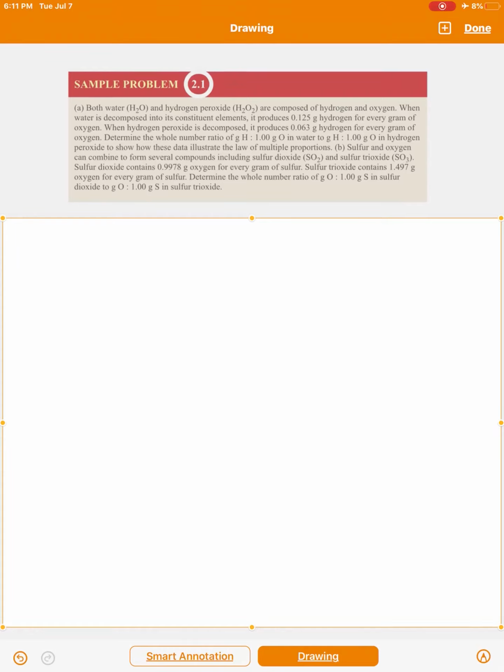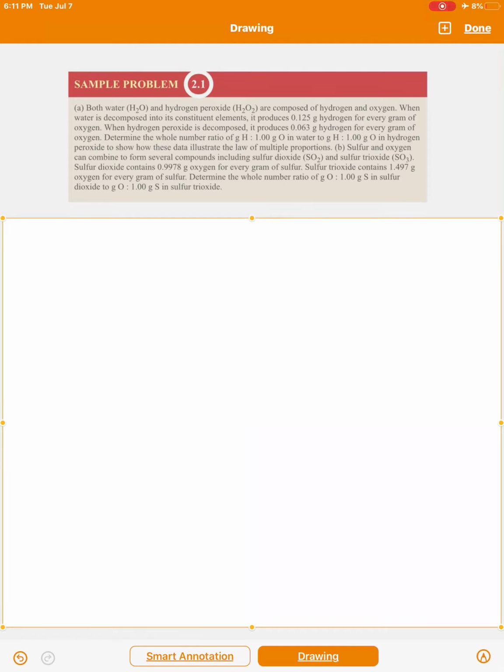Sample problem 2.1. In part A, both water and hydrogen peroxide are composed of hydrogen and oxygen. When water is decomposed into its constituent elements, it produces 0.125 grams of hydrogen for every gram of oxygen. When hydrogen peroxide is decomposed, it produces 0.063 grams of hydrogen for every gram of oxygen.